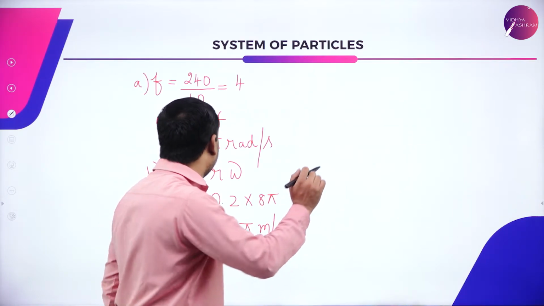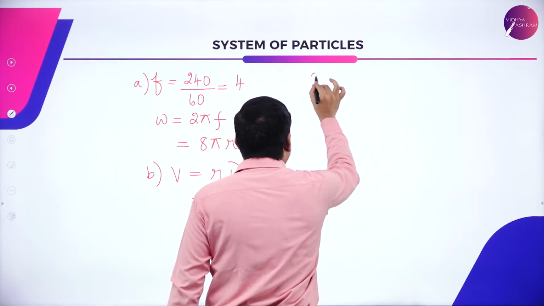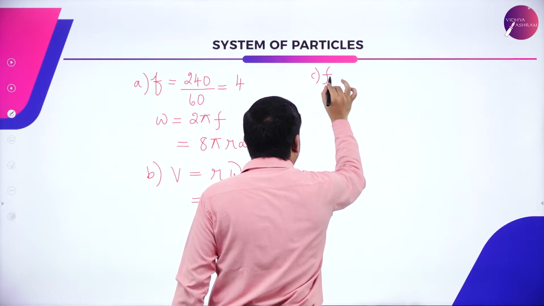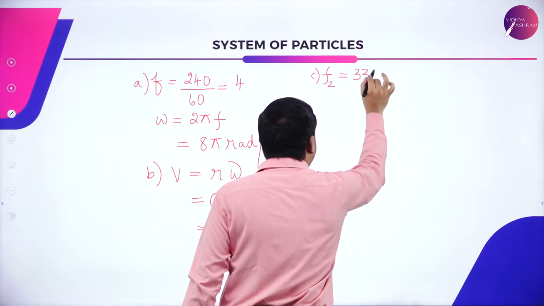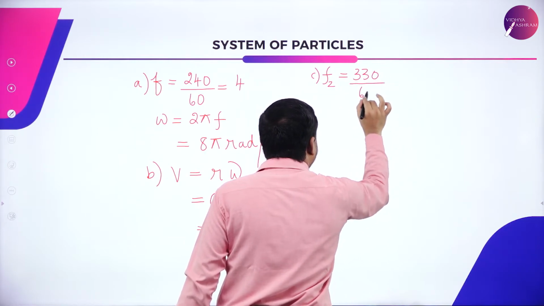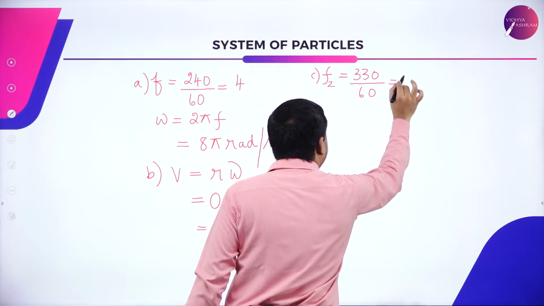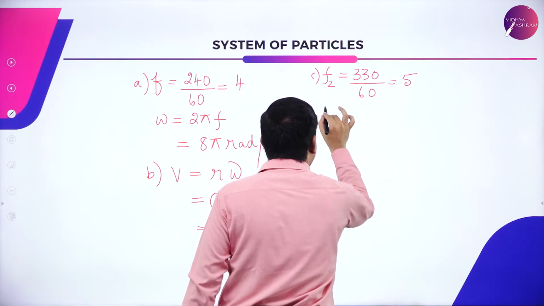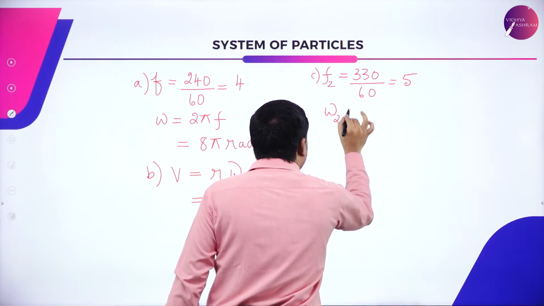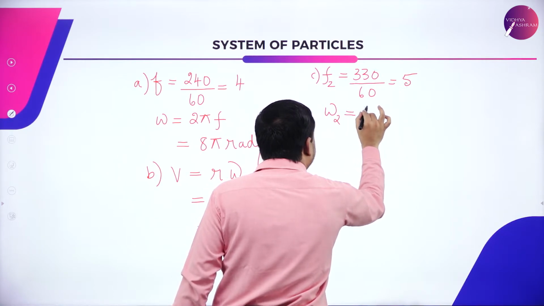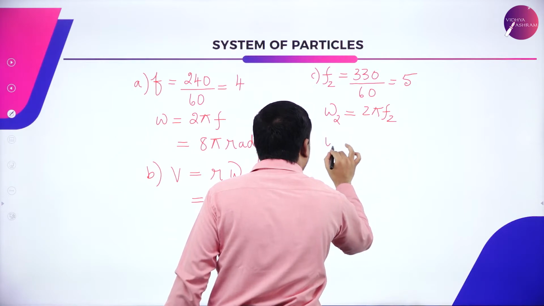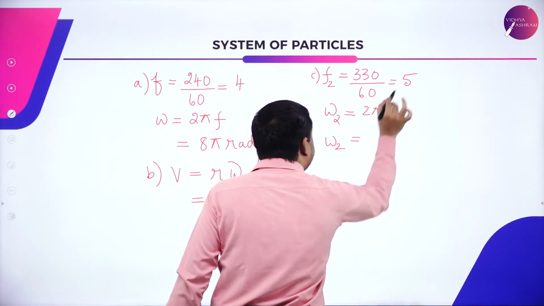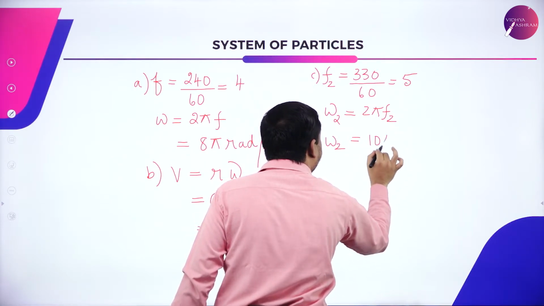Now f2 is given, which is 330 by 60, nearly I say 5. So omega 2 is 2 pi f2. So omega 2 is 10 pi.